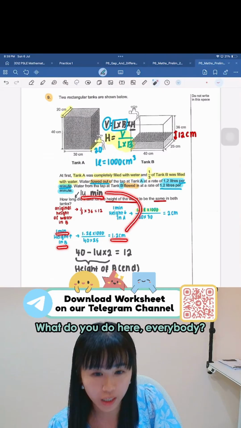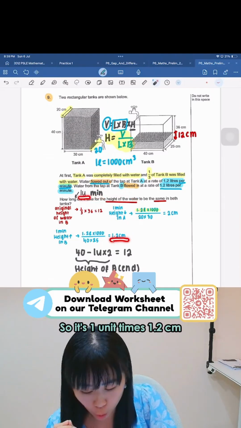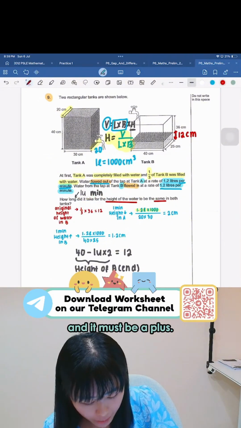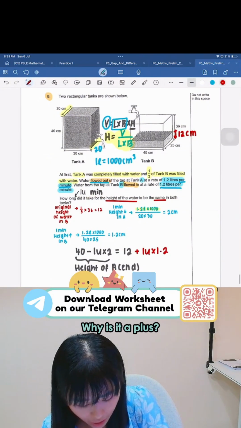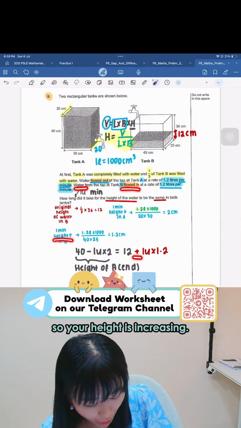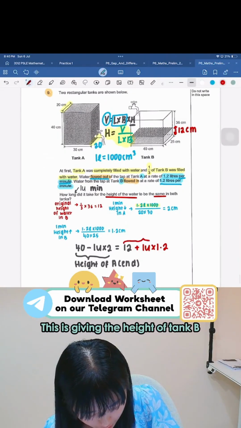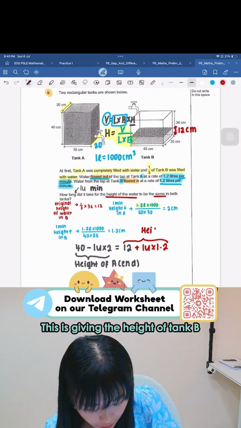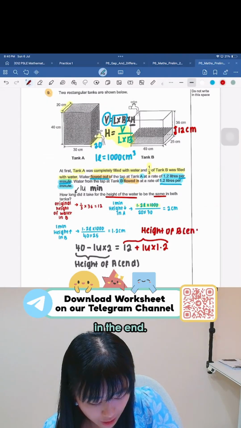It's 1 unit times 1.2 cm, and it must be a plus. Why is it a plus? Because water is flowing in, so your height is increasing. Everybody understand or not? This is giving the height of tank B in the end.